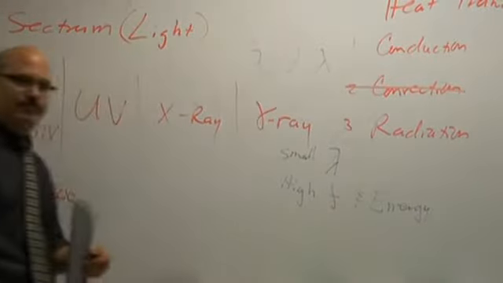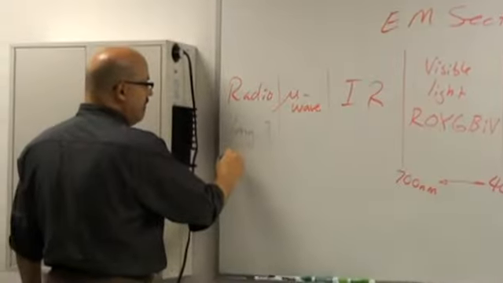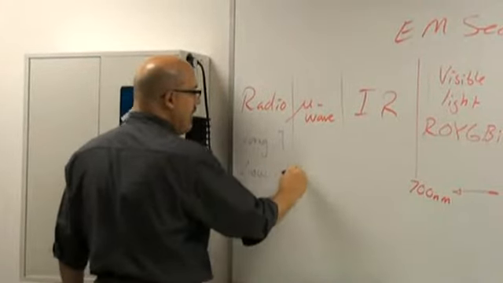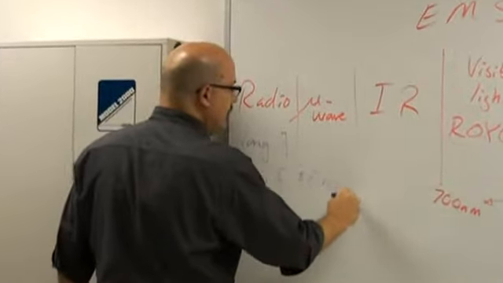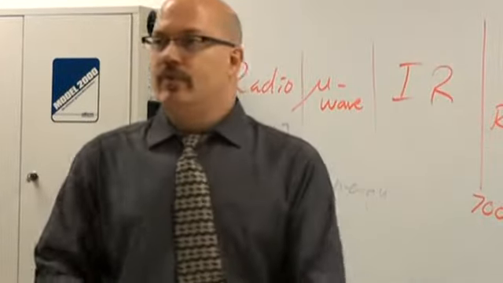All of those are lambdas. Okay? Just different ways to write them. Okay, down on the other end, we have very long wavelengths, and we have very low frequencies and energy.